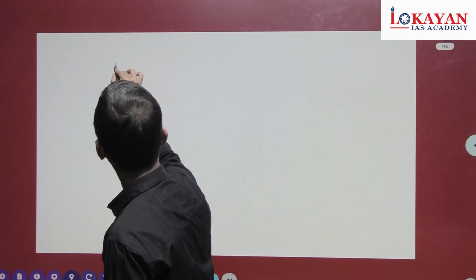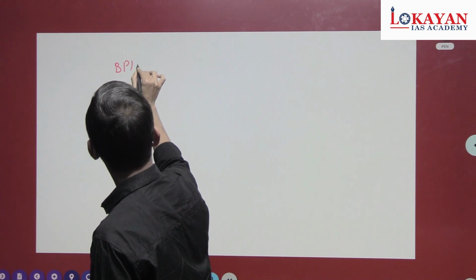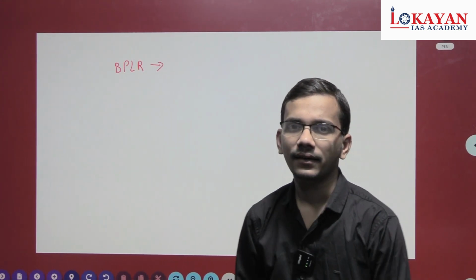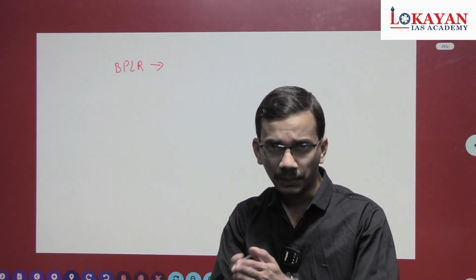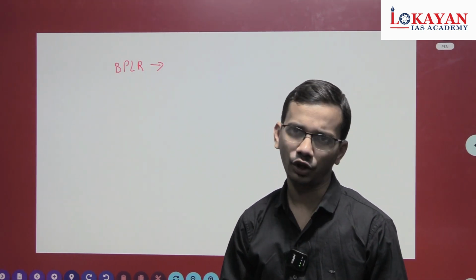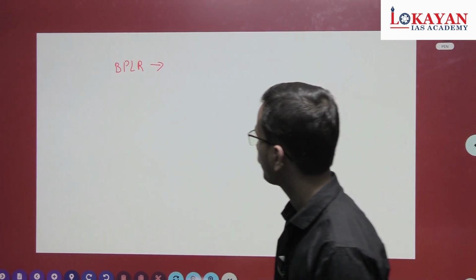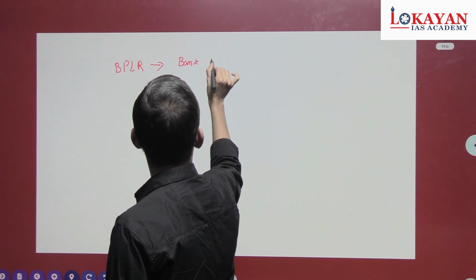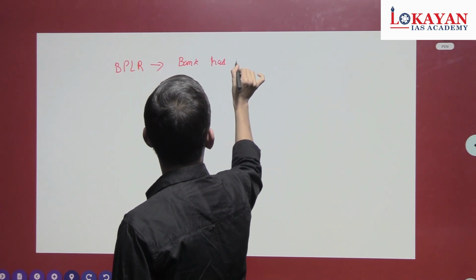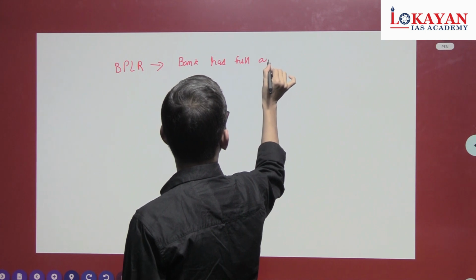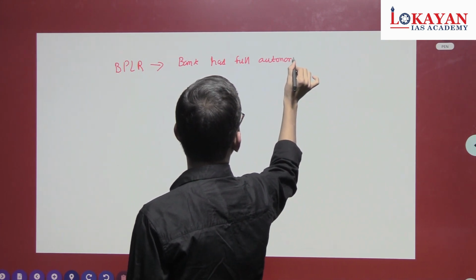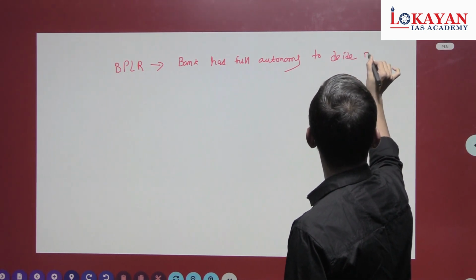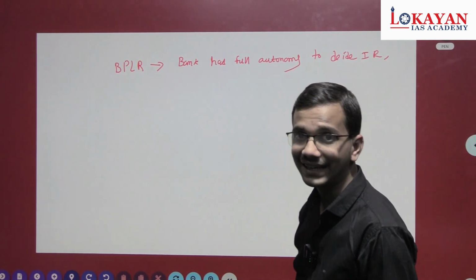Earlier there used to be benchmark prime lending rate. Under benchmark prime lending rate, bank board of that particular bank had full autonomy to decide the interest rate.